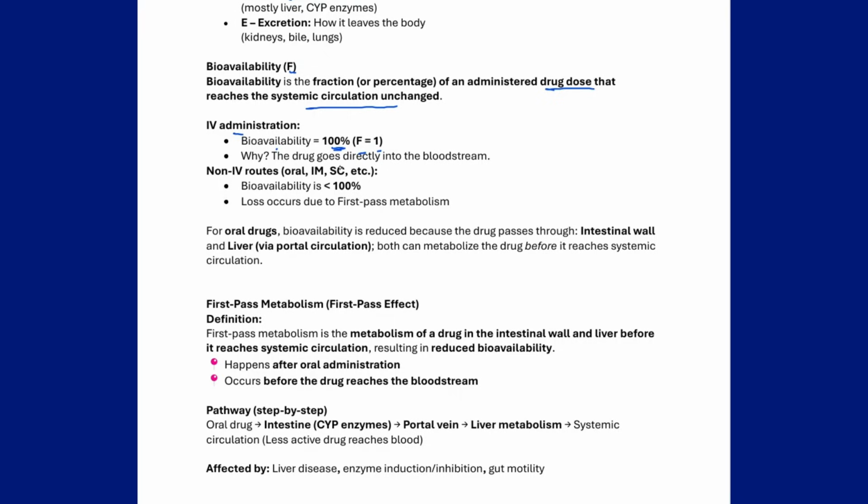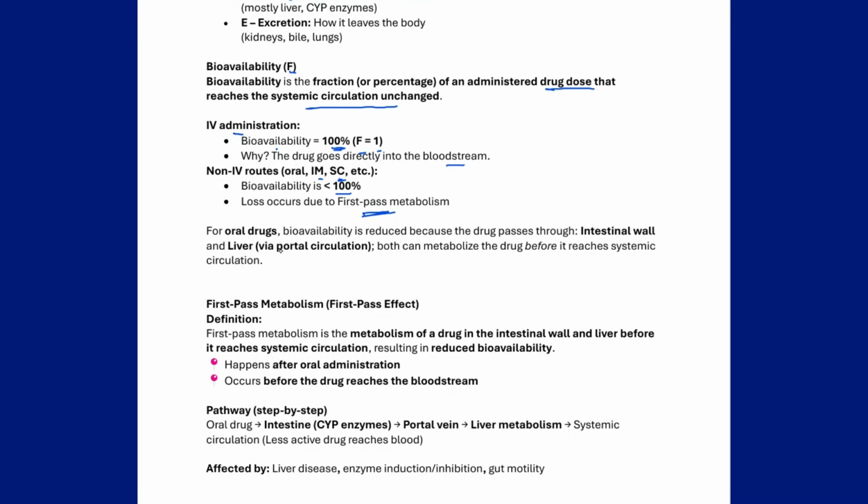This is because, like we mentioned, the drug goes directly into the bloodstream. As opposed to non-IV routes like oral medication, intramuscular, sublingual, transdermal, or subcutaneous, the bioavailability of those medications is usually less than 100%. Why? Due to loss that occurs during first pass metabolism.